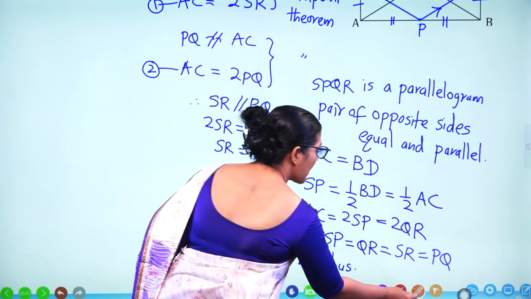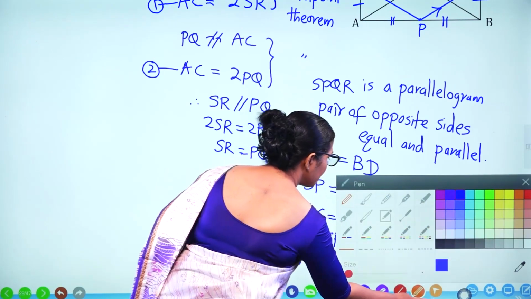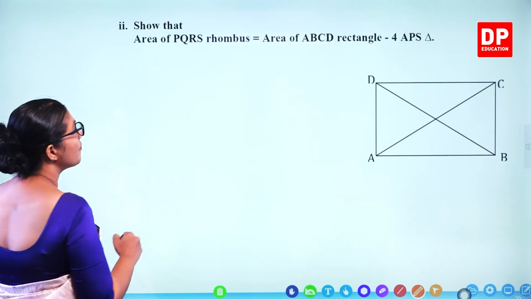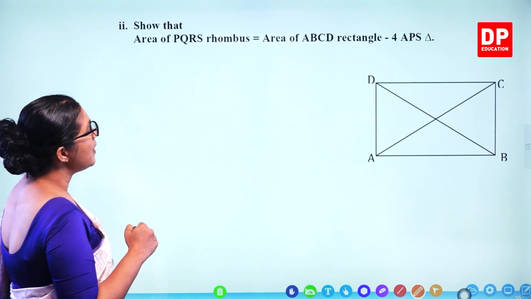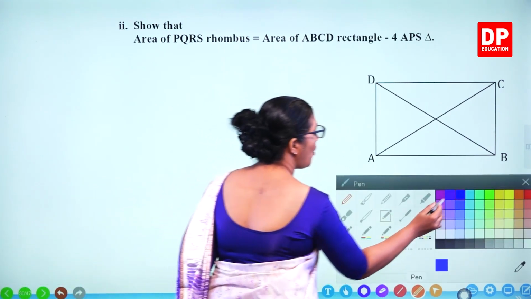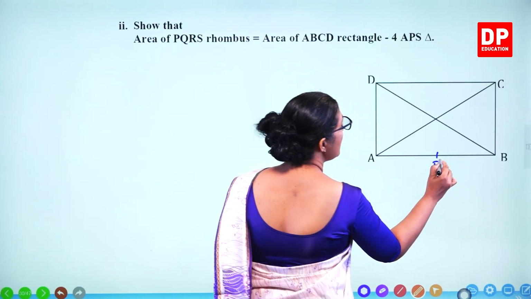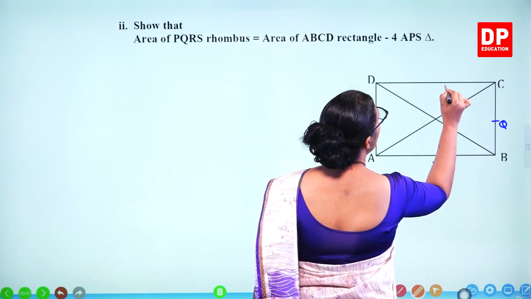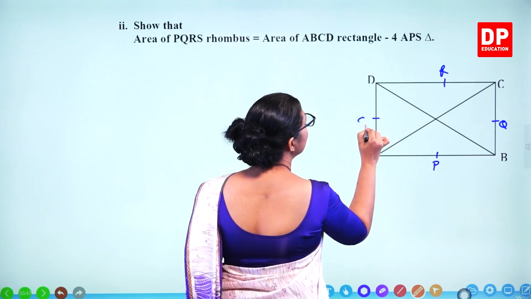Now let's take the second part. Show that area of PQRS. So we need to mark the points, PQRS.